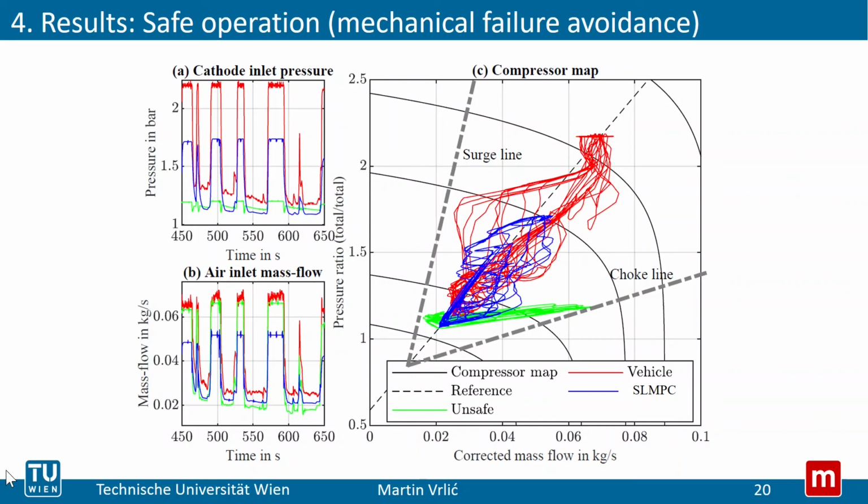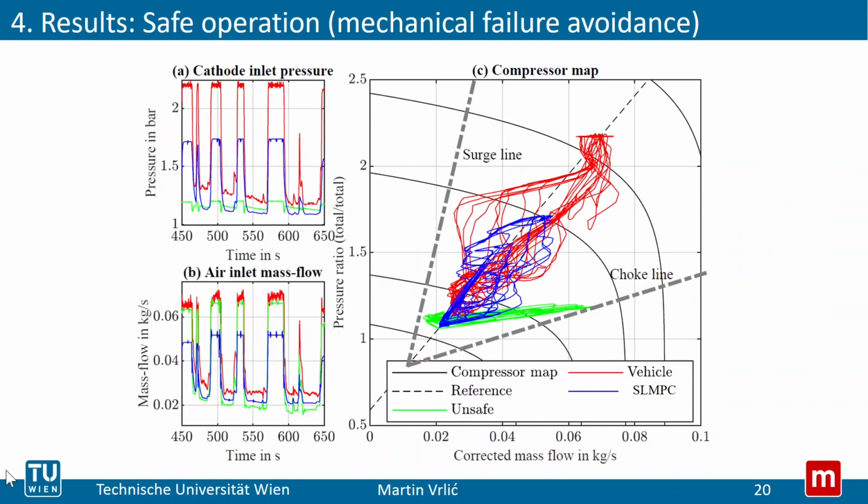A simulation test was performed where this reference line was not taken into account. And then the controller, all it wanted to do was to reduce compressor power. And those are the green lines. It means that it wants to operate close to the choke line because the compressor power is lowest there. However, that's unsafe. That's why it's important to include this reference line into the controller.